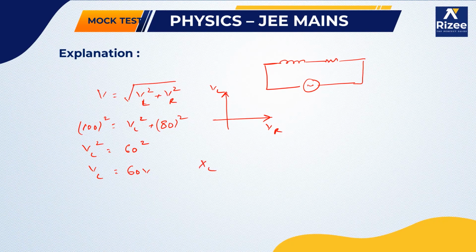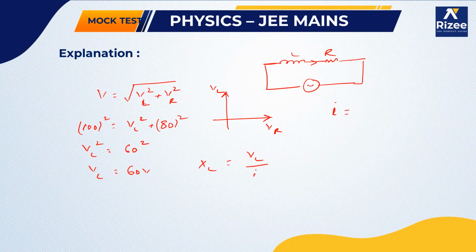So from this one, XL is equal to the potential drop across the inductor divided by the current passing through it. So what is that current? As you know, the potential drop across the resistance and the resistance value give the current passing through the circuit, because L and R are in series combination.